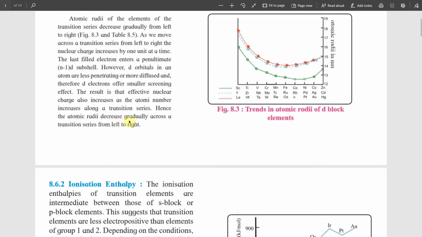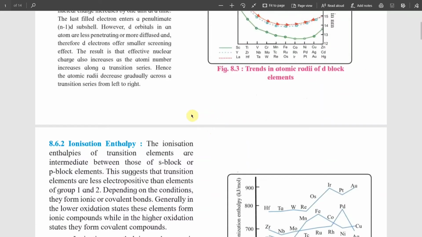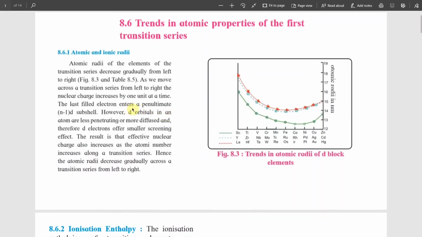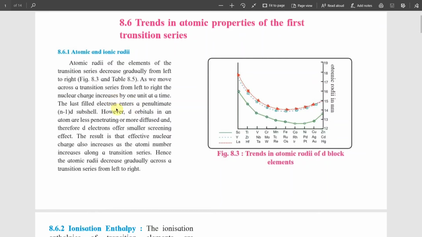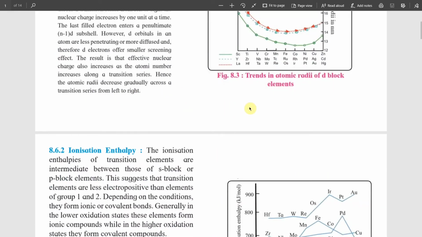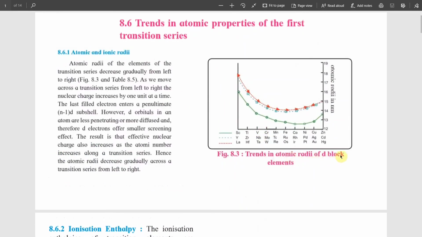As a result, the effective nuclear charge also increases as the atomic number increases along a transition series. Hence, atomic radii decrease gradually across the transition series from left to right.